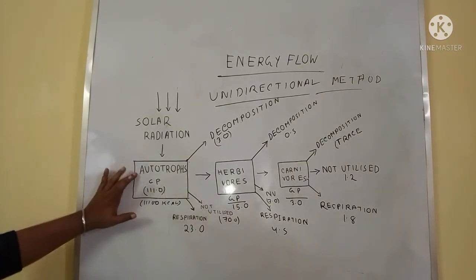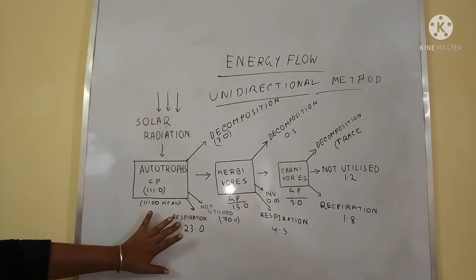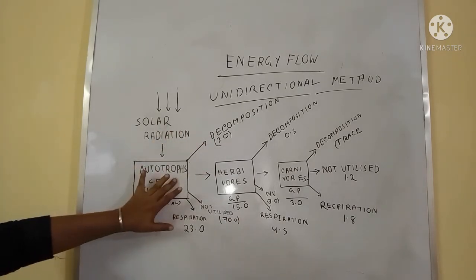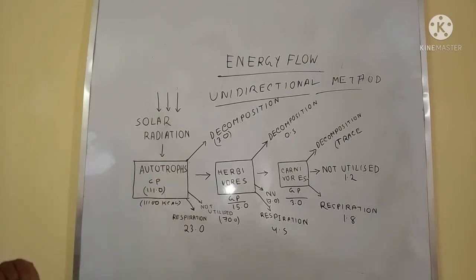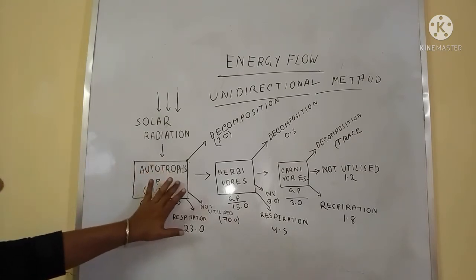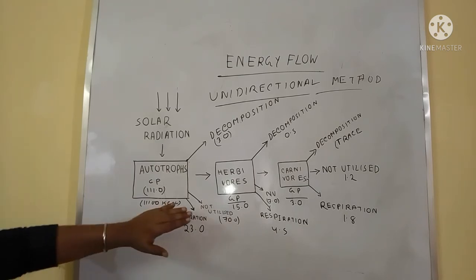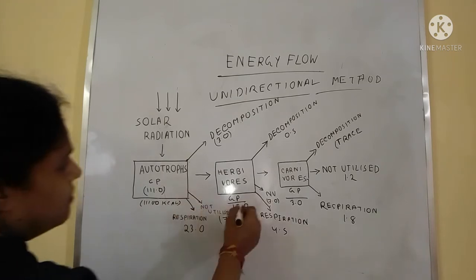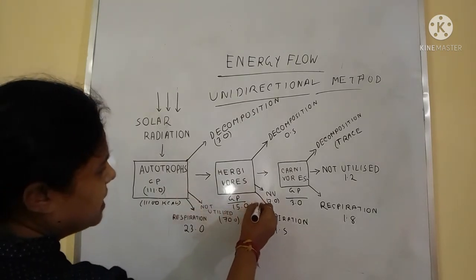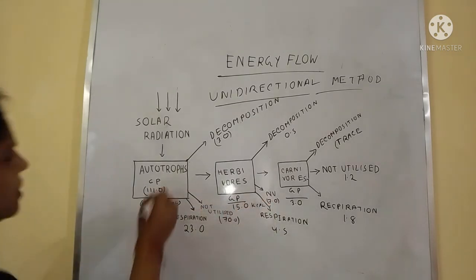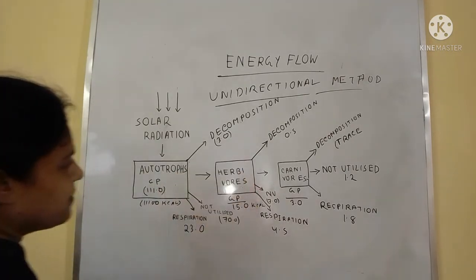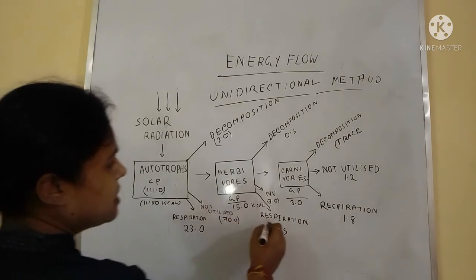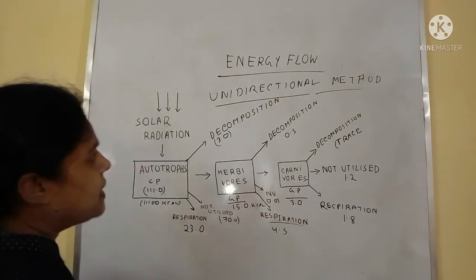Next, after respiration and decomposition, some energy from the autotrophs is wasted, and after the wastage of this energy, 1500 kilocalorie energy transfers from the autotrophs to the herbivores, and here also energy is utilized for respiration and decomposition.